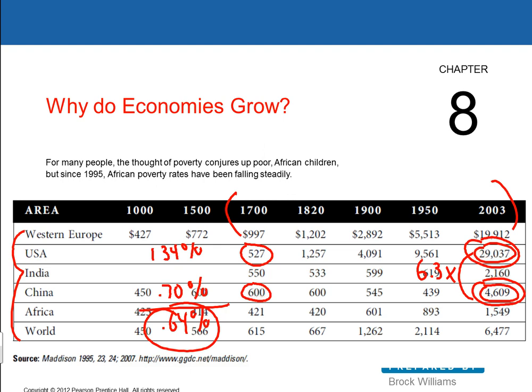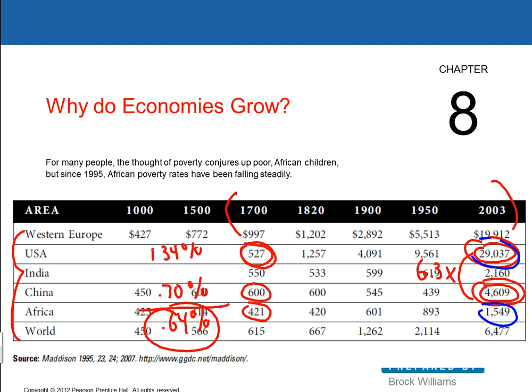Now notice that places like Africa, which in 1700 wasn't significantly different than America. I mean, it was a little bit, but not too much. And then now, look what happened to Africa. They only have a per capita output of 1,549, and the USA has 29,037.